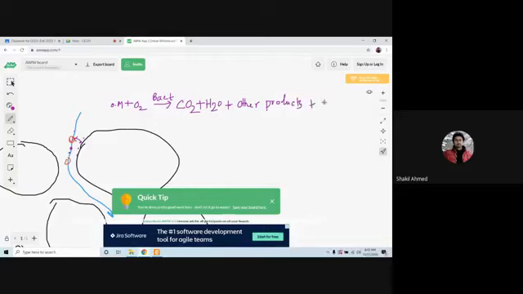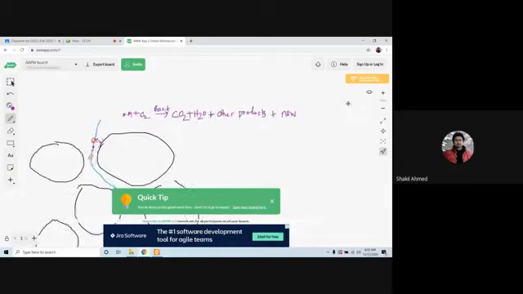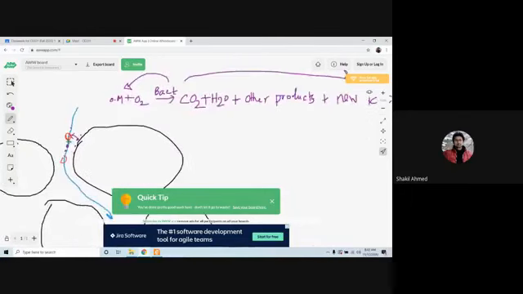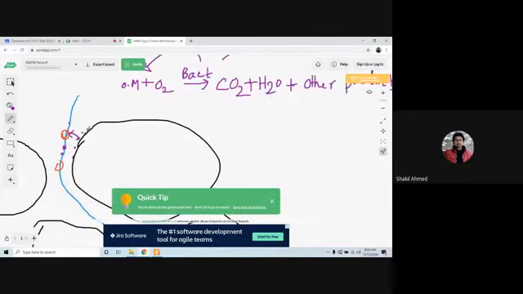Plus what? New bacteria or new cell. That means these bacteria eat the food, break them down, take energy, and produce more bacteria. Therefore, you will see there is a growth of bacteria all through the surface of the media.